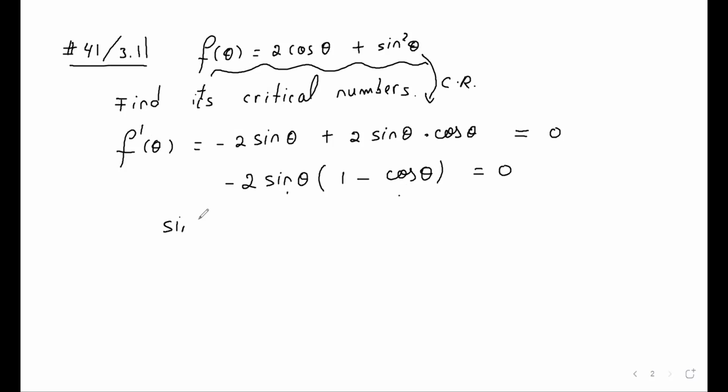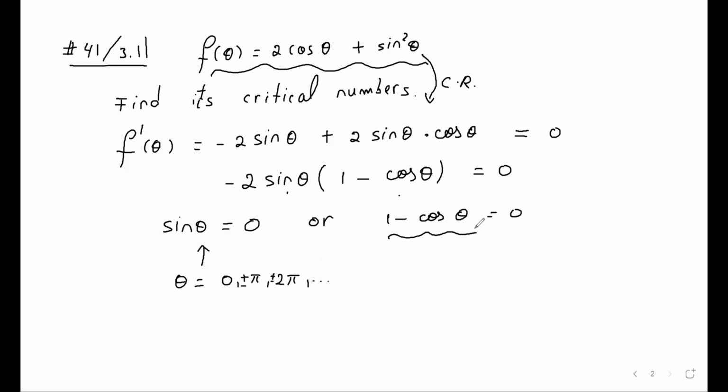So either sine theta is 0, or 1 minus cosine theta is 0. And these have two different solutions. So sine theta equals 0 means that theta equals 0, pi, 2 pi, and so on. So the multiples of pi, folks. Of course, it could be negative numbers too. So we could put plus, minus, etc. So that would be one type of solution.